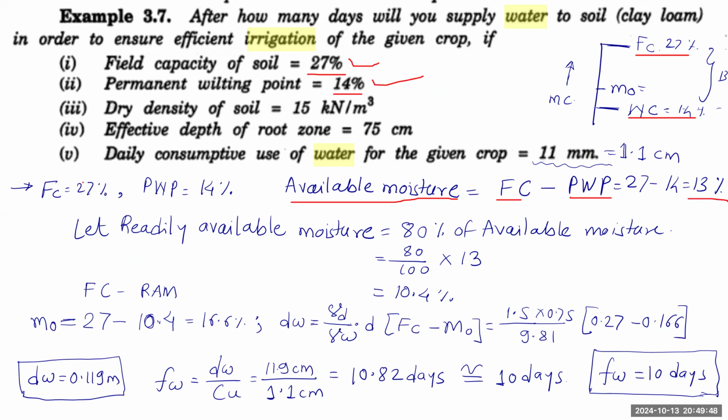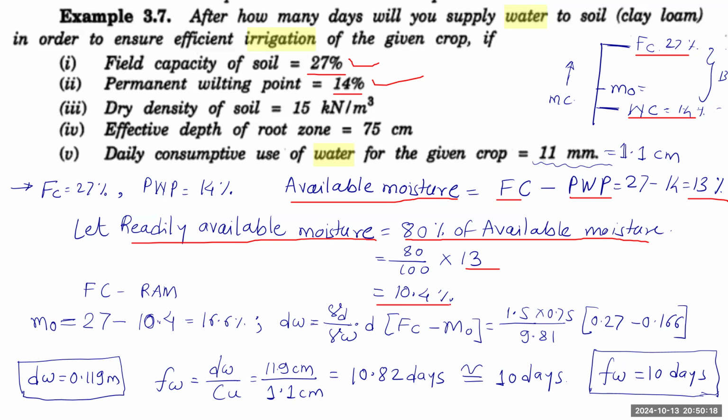Then we have learned that readily available moisture is generally taken as 75 to 80% of available moisture. So let us take readily available moisture as 80% of available moisture. Available moisture is 13%, so 80% of 13%, so readily available moisture is 10.4%.